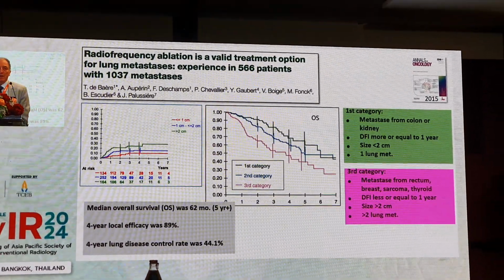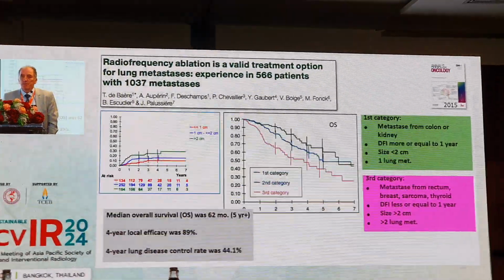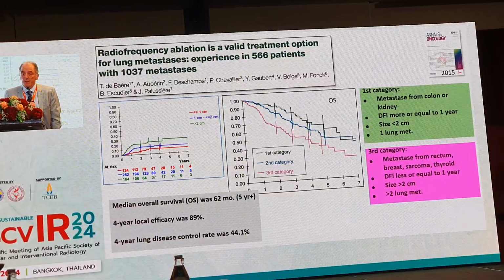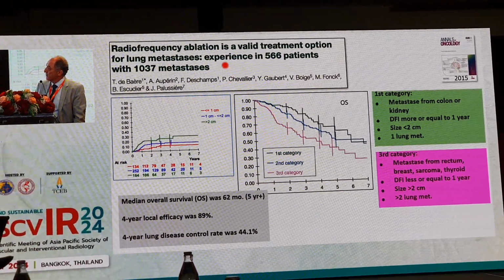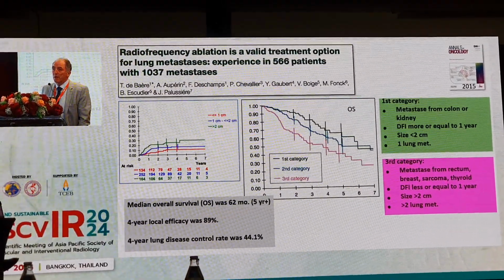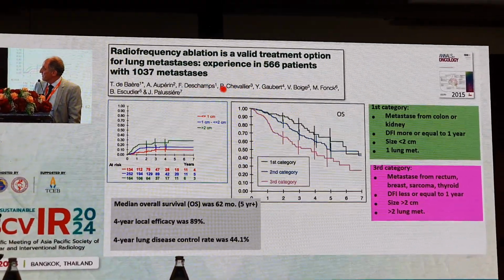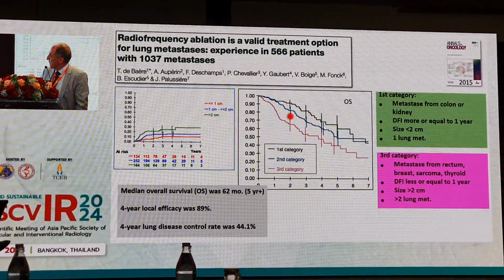Just to show you, if you want to start with lung ablation, don't start with metastasis larger than 2 centimeters. You see, it is the largest series that has been published for ablation of lung metastasis, coming from several hospitals in France. And you see that the overall survival is different, following some criteria.